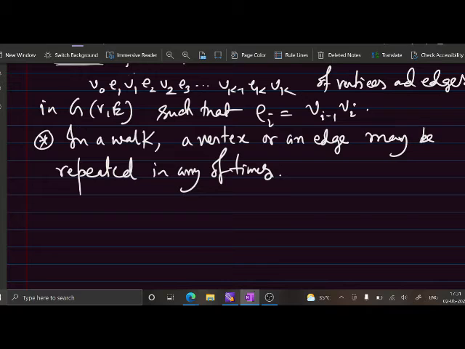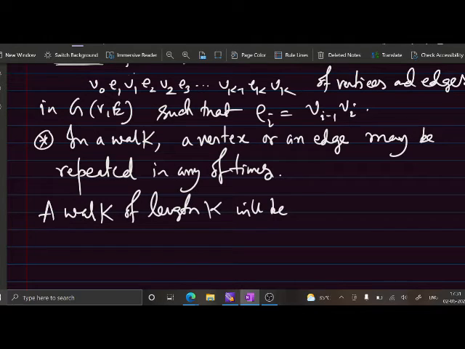A walk of length k will be denoted by V0 to Vk.